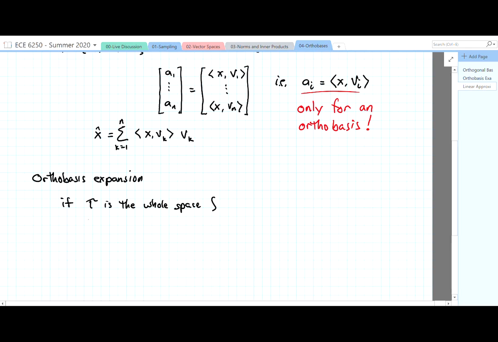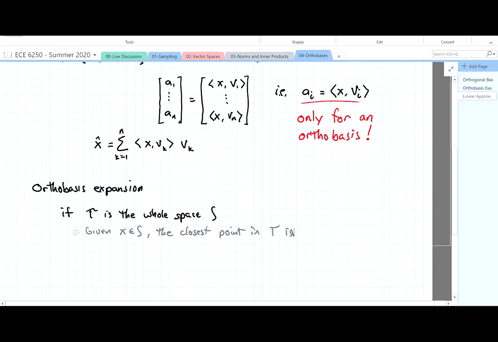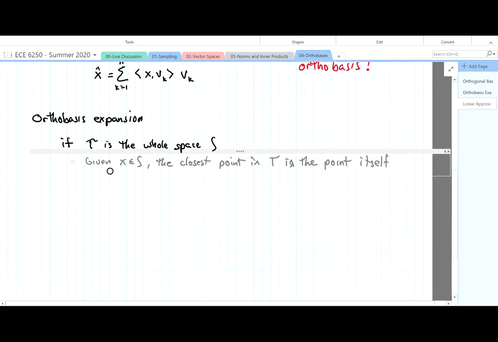So given x in S, the closest point in T is the point itself. And so we have basically the same thing, but we're going to call it something just slightly different.